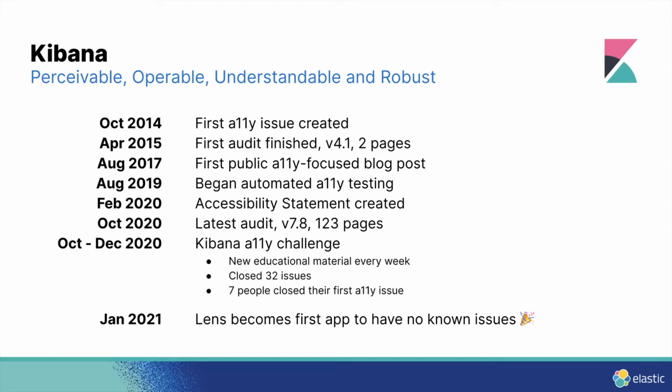The screen in front of me shows a general timeline of our journey through accessibility. In October of 2014, our first A11Y issue was created. A11Y is the abbreviation for accessibility. This gives you the journey we have been through.